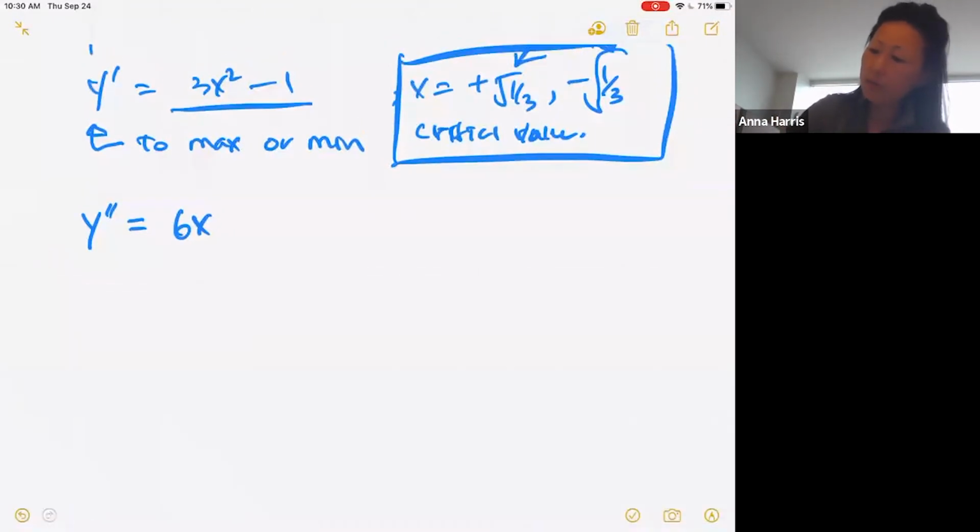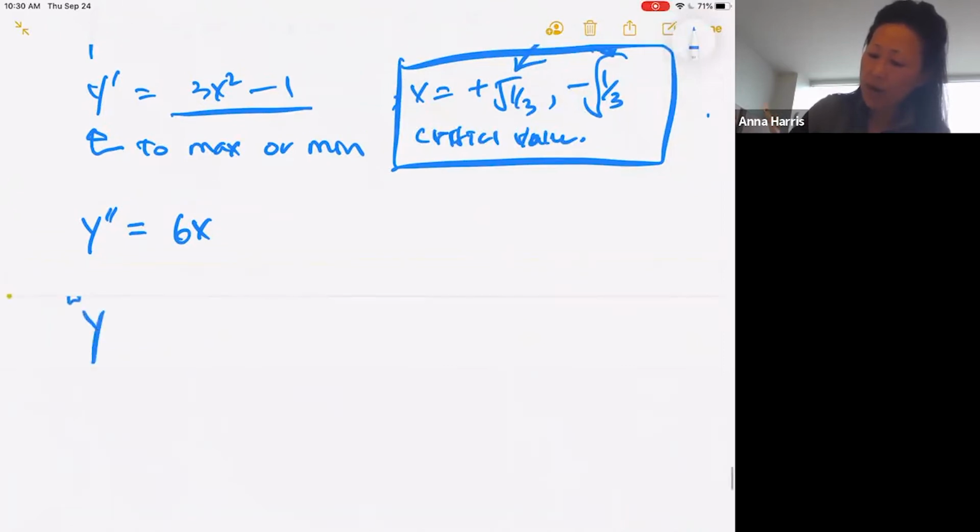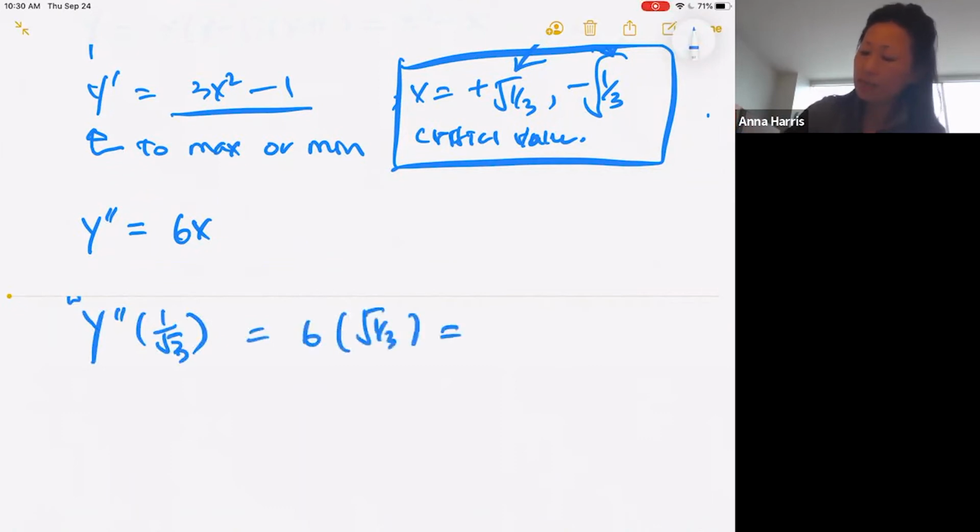Okay, so I'm going to plug it in. First number, I'm going to plug in y double prime of square root of 1/3. That gives me 6 times square root of 1/3. That gives me a positive number. Okay, it's a positive number.